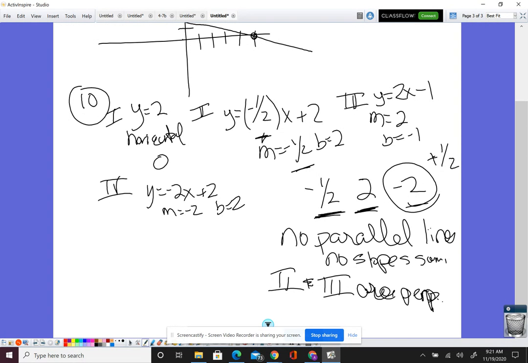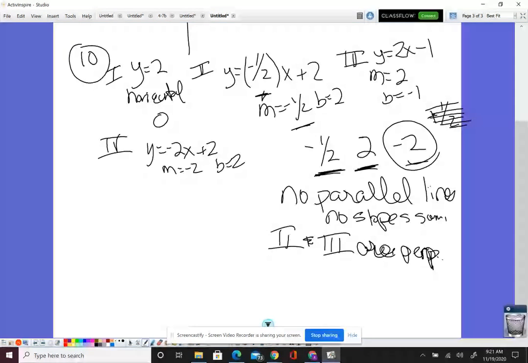Good question. So how would you know if it was parallel again? What's the formula for it? Parallel, you would have slopes that are the same. The exact same, yep. Okay.